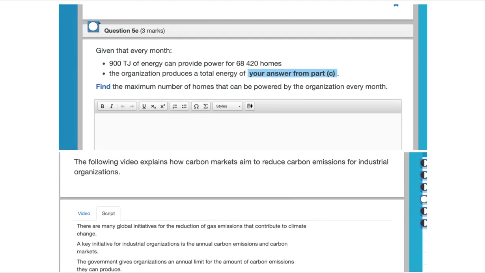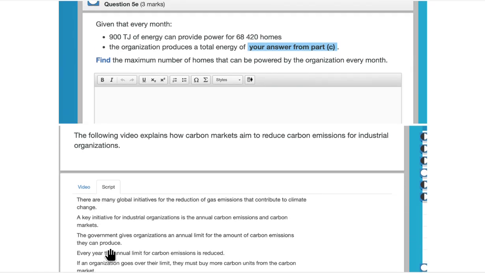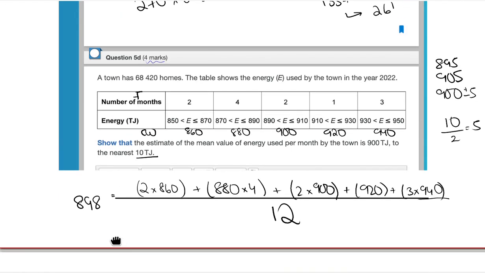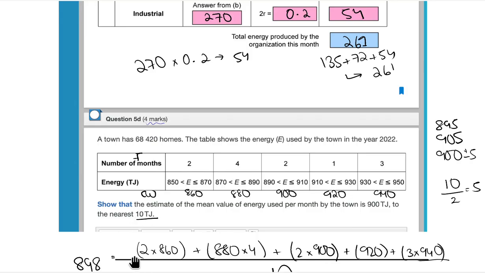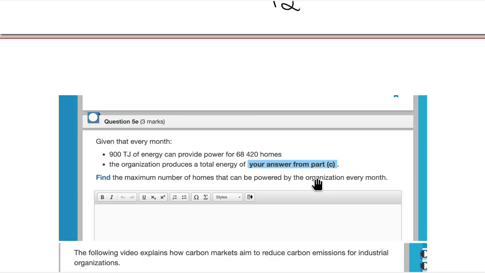Given that every month 900 terajoules of energy can provide power for 68,420 homes, the organization produces a total energy of your answer from part C, which was 261. Find the maximum number of homes that can be powered by the organization.